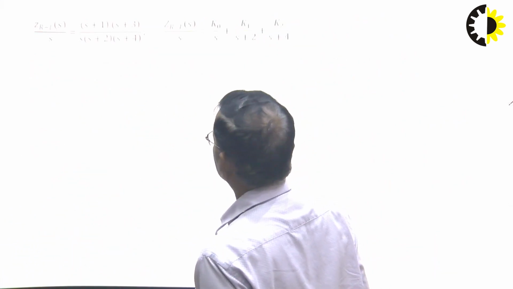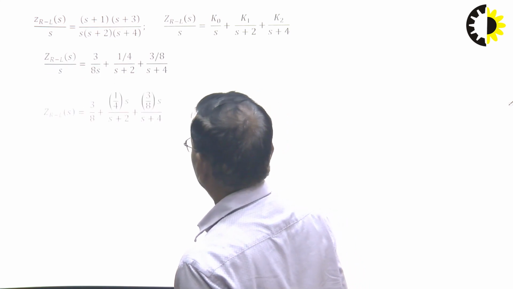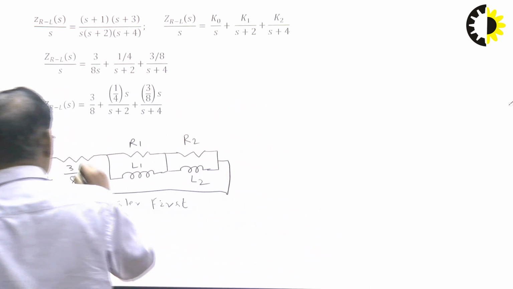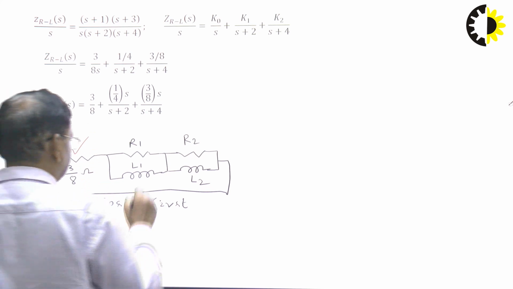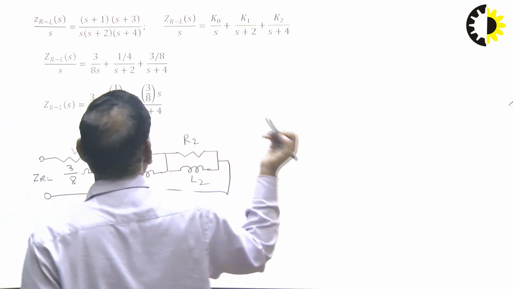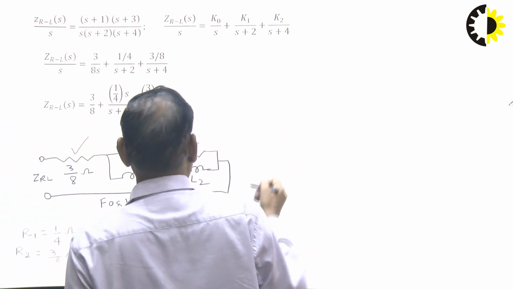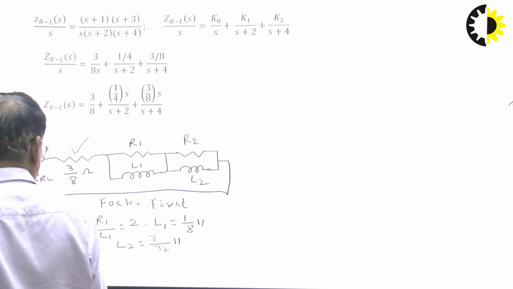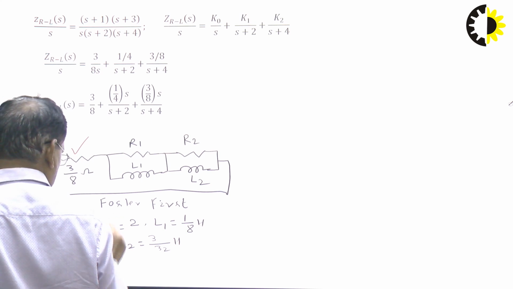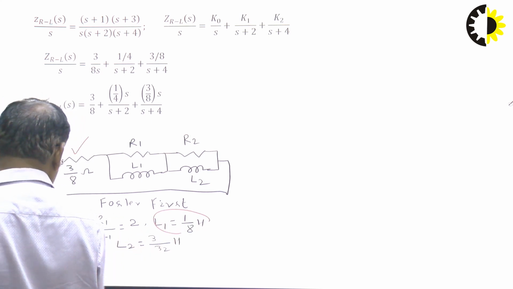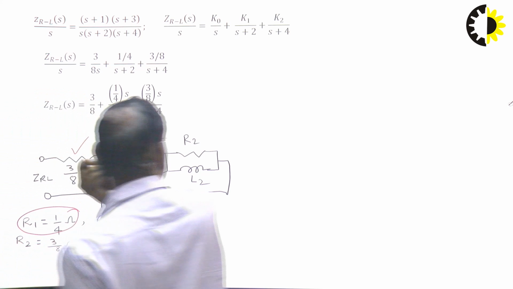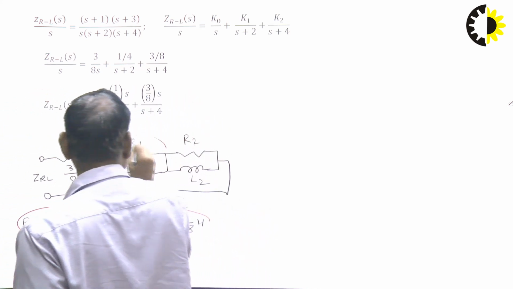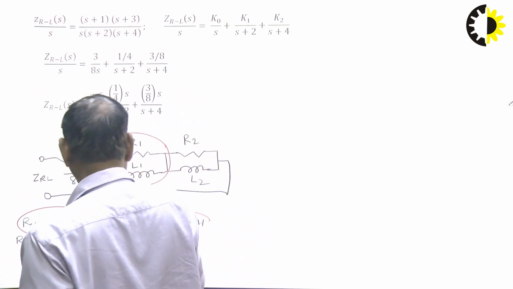So this is constant, this is R1 L1, this is R2 L2, and how do we get it? Compare with this. So R1 is 1 by 4, and L1 we can get as 1 by 8. Just take the impedance of this and compare with this.